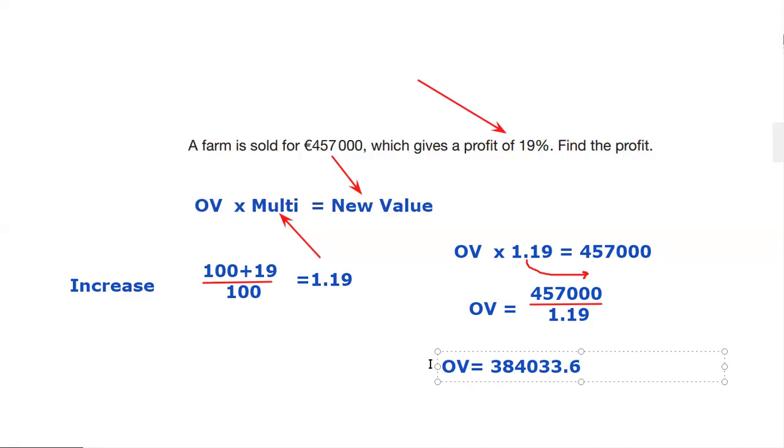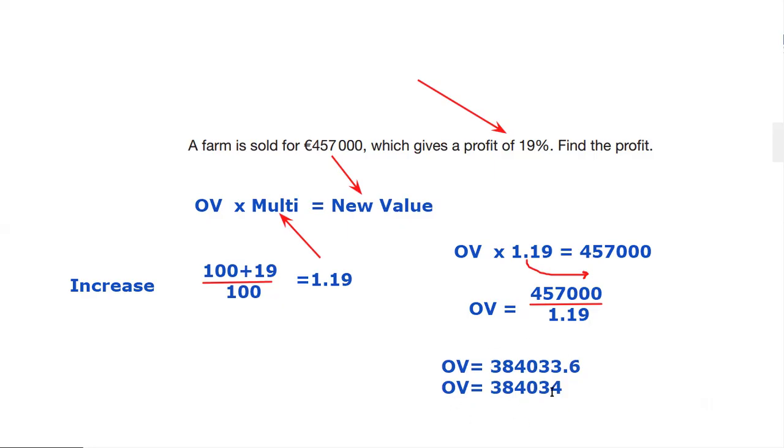Now, when I round it to the nearest euro, the 6 is big, so it makes it a 4. So let's change it into a 4. Now, if you don't round it, it's okay if they didn't ask you to round it, but make sure that you use the numbers correctly. It's going to be the same idea and the same answer, and it's going to be accepted.